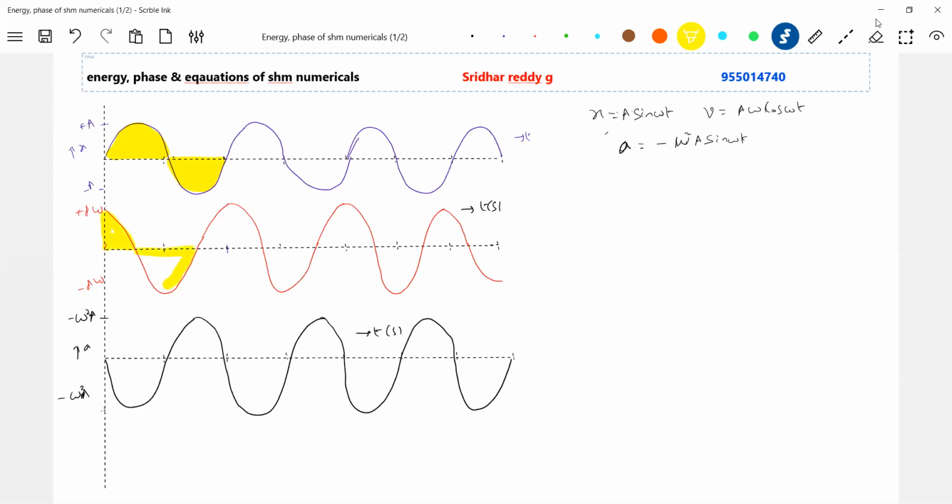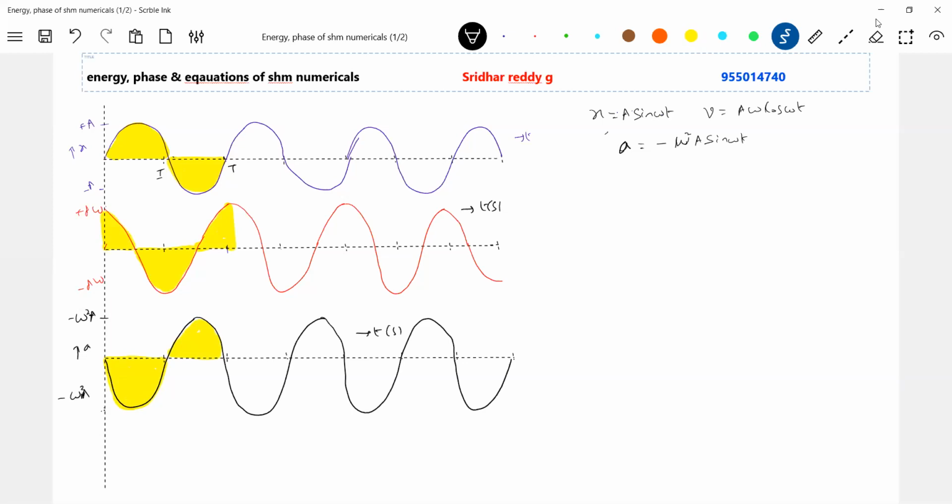What do you mean by one time period, or what is the time taken for one oscillation? Okay, fine. This is one time period, so you write T here.